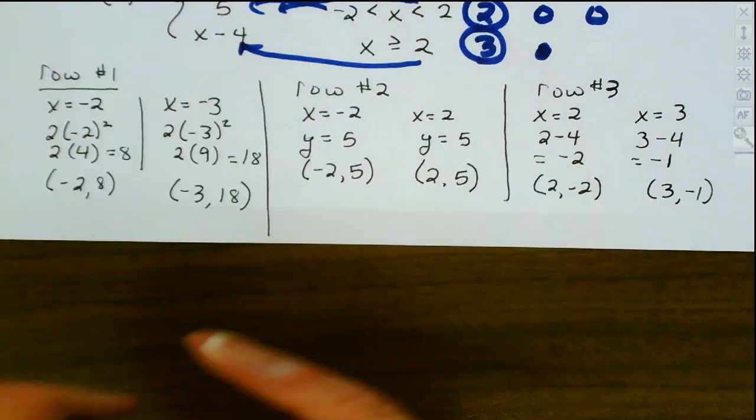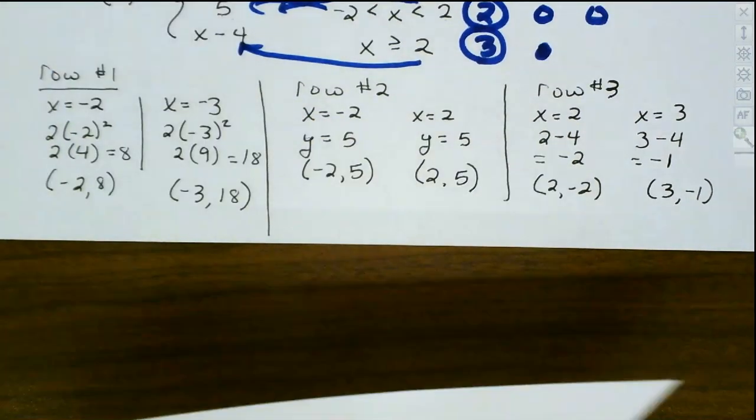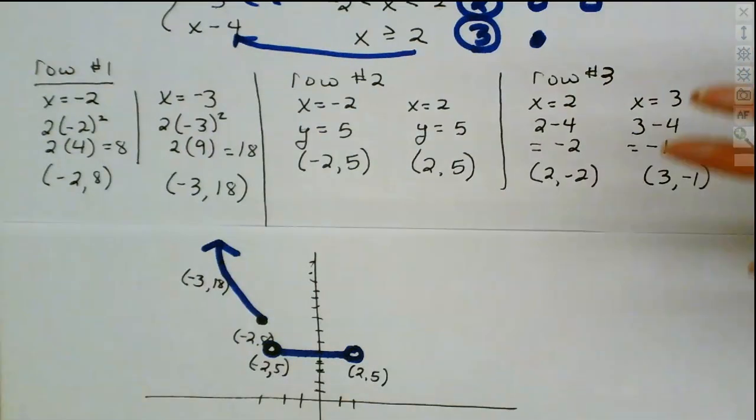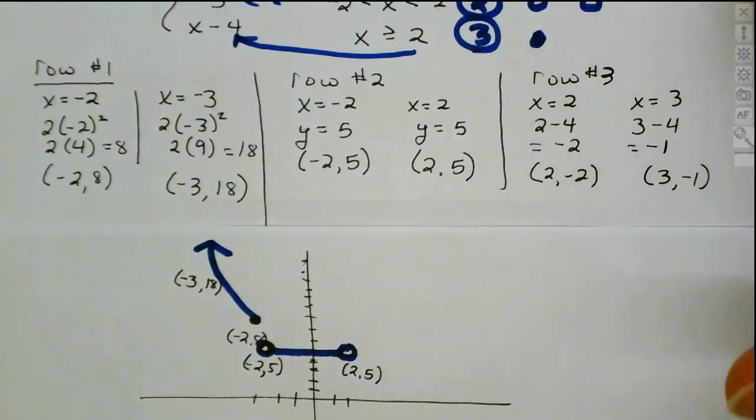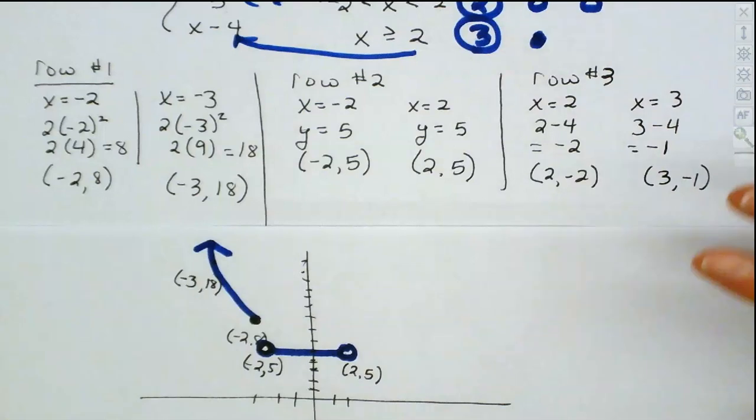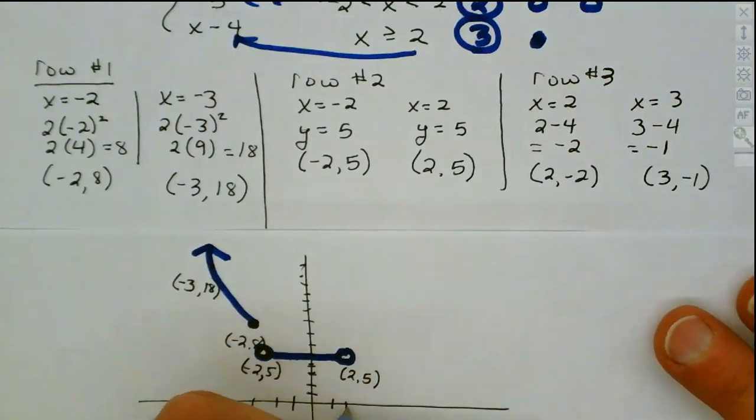That's going to be a line. We'll go ahead and do that one here. By the way, it's going to have a closed circle here. So we're at positive 2, negative 2. So over 2, down 2. That's right there. 2, negative 2.